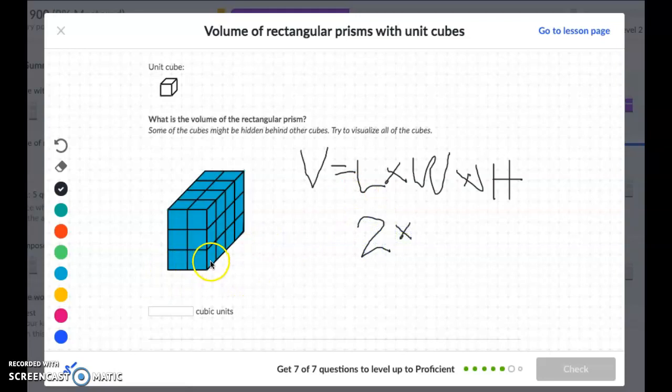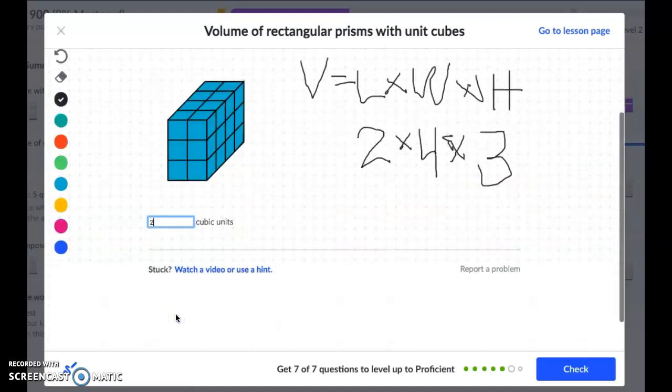How far back does it go? 1, 2, 3, 4. And then how high is it? When I look at my shape here, it's 1, 2, 3 high. So 2 times 4 is 8, times 3 is 24 cubic units.